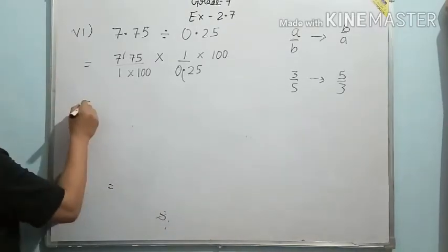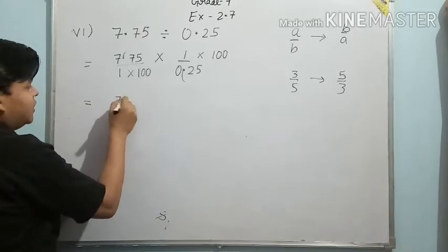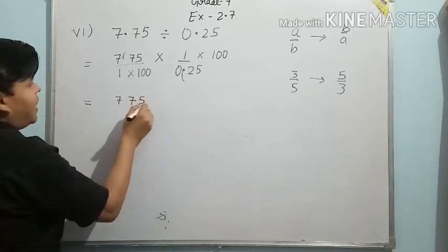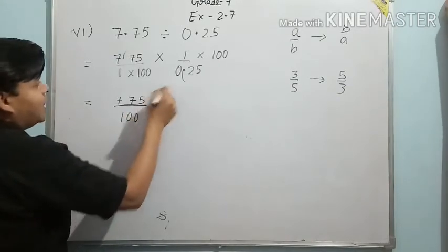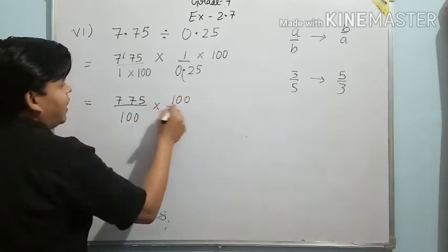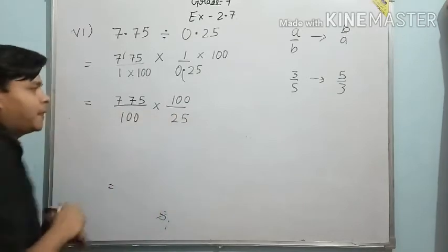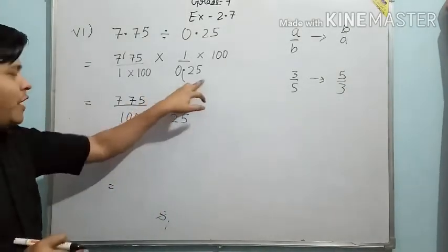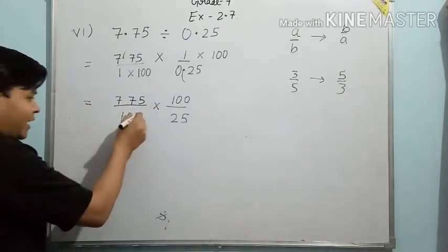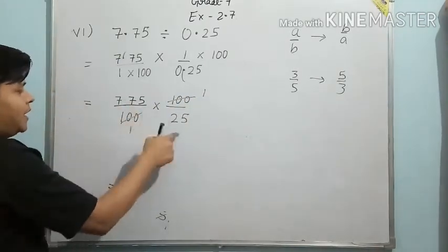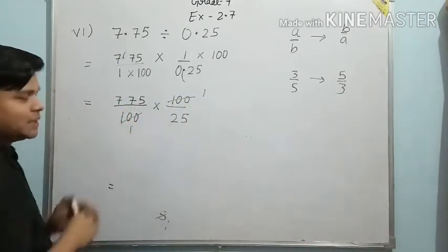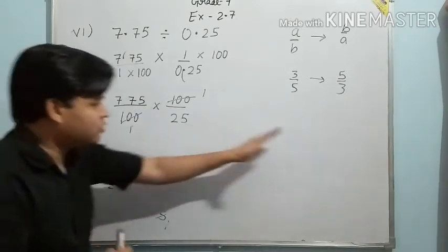Let's move to the next step. So this has become, I'm writing the clear numbers, 775 upon 1 into 100, and in the denominator 100 multiplied by 25. 0.25 has become only 25. So 100 is cancelled by 100 one time. Now let's cancel these. If you can cancel directly, you can cancel, otherwise we can also divide.